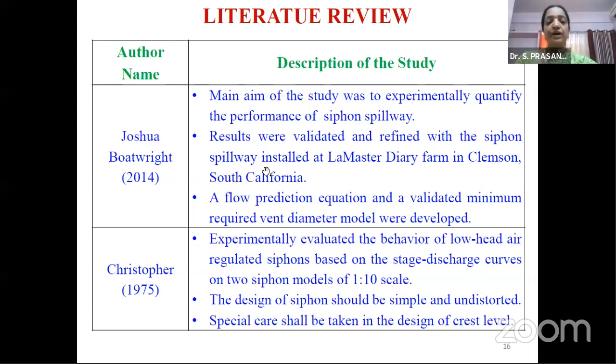So most of these two were the basic papers that we have studied in depth to extend our knowledge and see how best we can contribute to a different sort of analysis for using air regulated siphon spillway. Both of them were basically oriented towards physical modeling only.